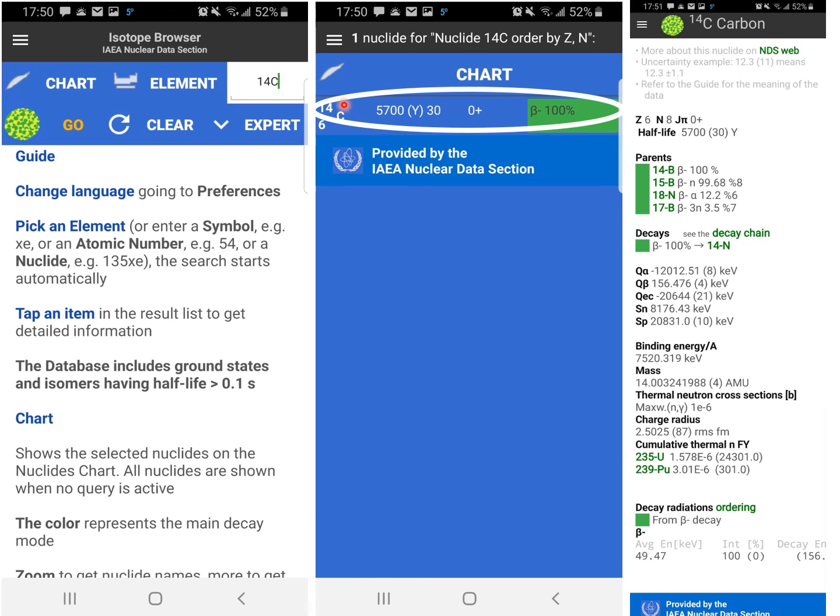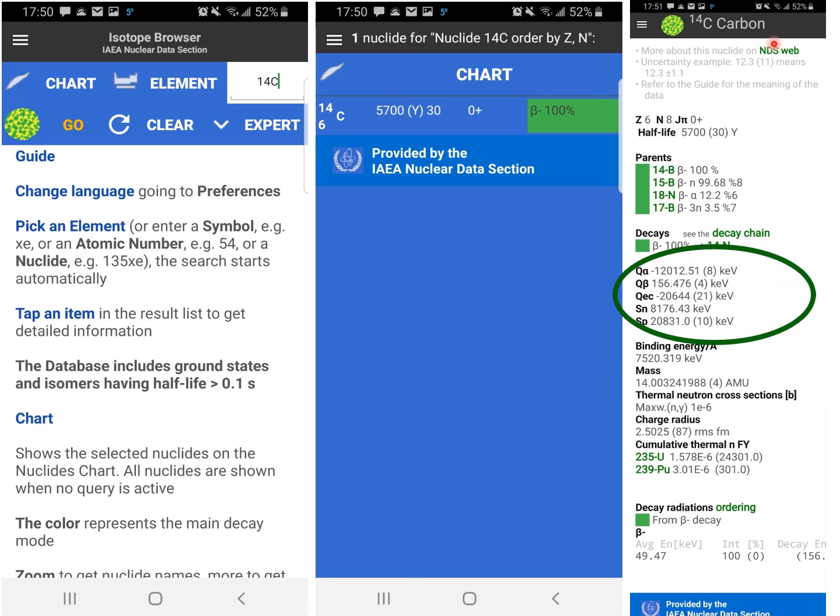Here would be the information: carbon-14, the half-life, the spin and parity, and the decay mode, followed by the percentage or any sort of branching ratios. You would select this, and it would bring you to the next page, which gives you the references, the number of protons and neutrons, spin and parity, the half-life, the parents, the decays, and these Q values.